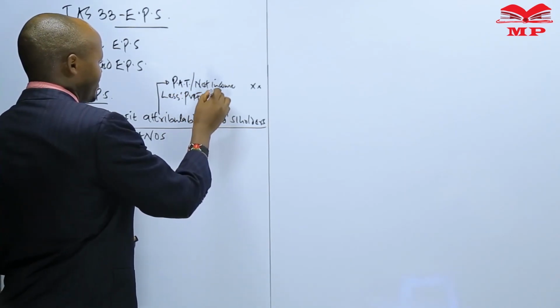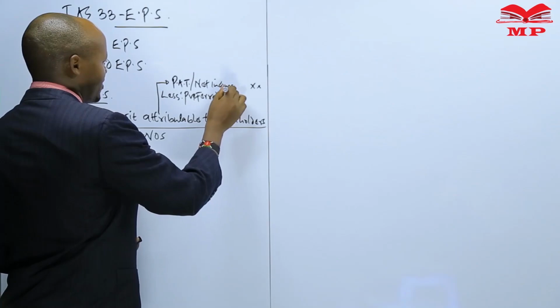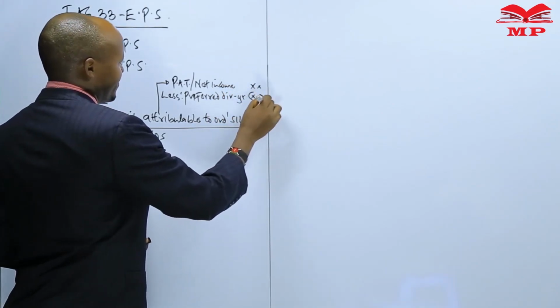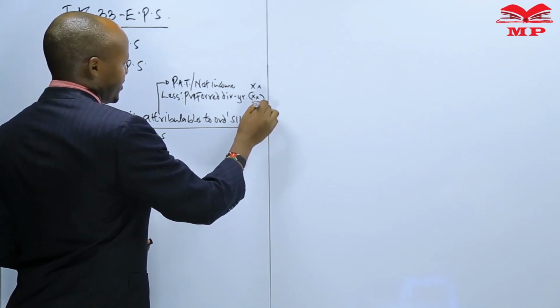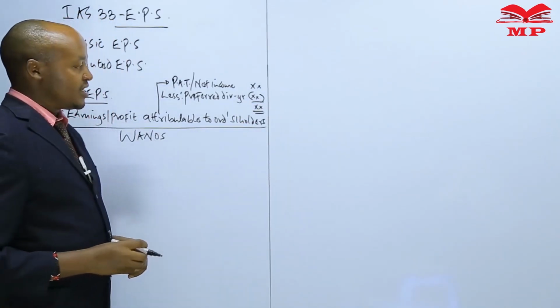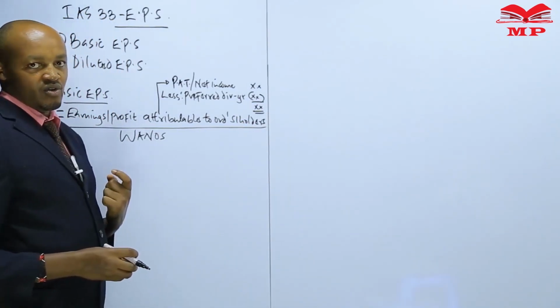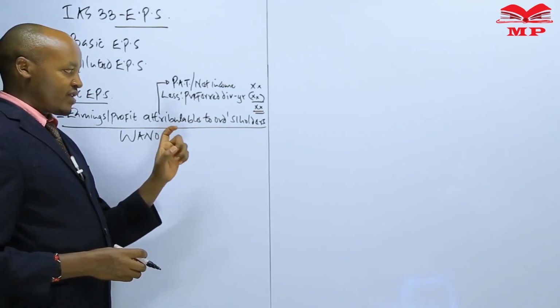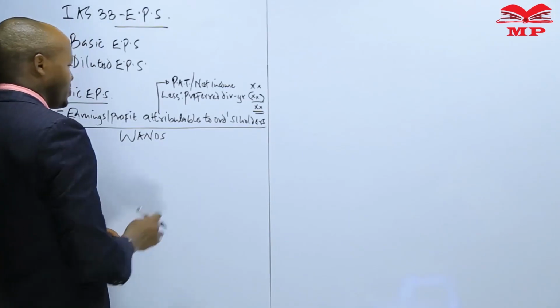Remember, the preference dividends are also known as the preferred dividends, and the preference dividend which we less there should be the preference dividend for the year. Now, what we get there should be the earnings or the profit which is attributable to the ordinary shareholders of the company. That's what we discussed in our previous class.